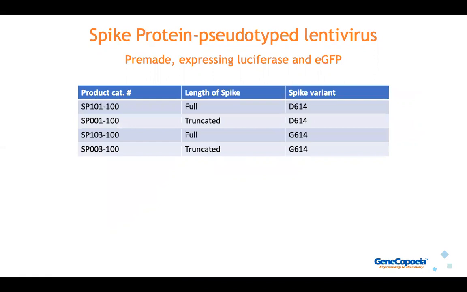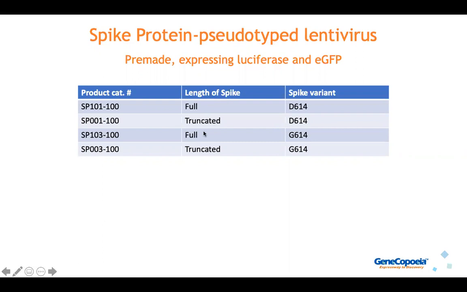So we have a number of different versions of this spike protein pseudotyped lentivirus. We originally produced virus in two different forms, using spike protein in either its full length or a truncated version in which the C-terminal 19 amino acid endoplasmic reticulum retention signal was removed.